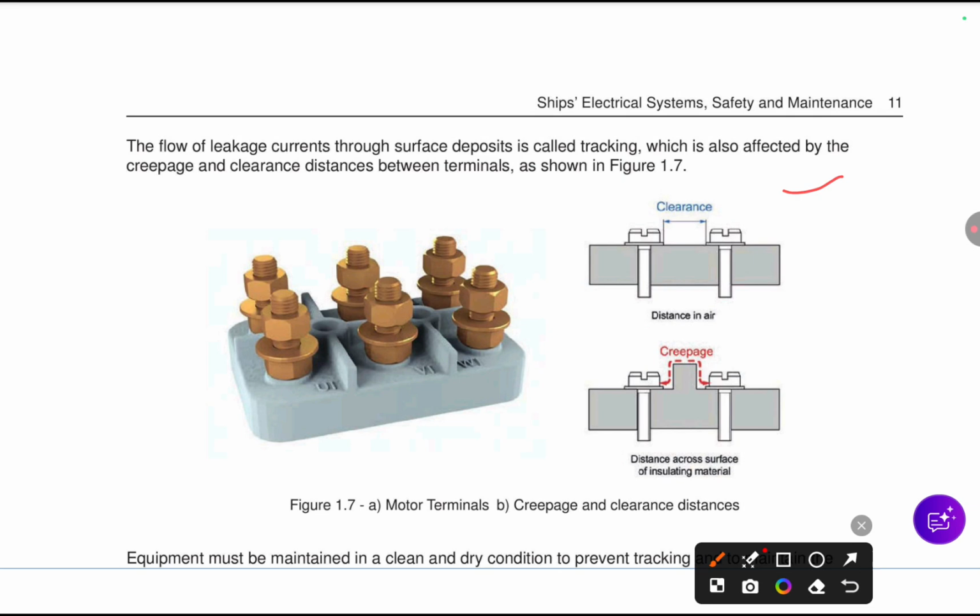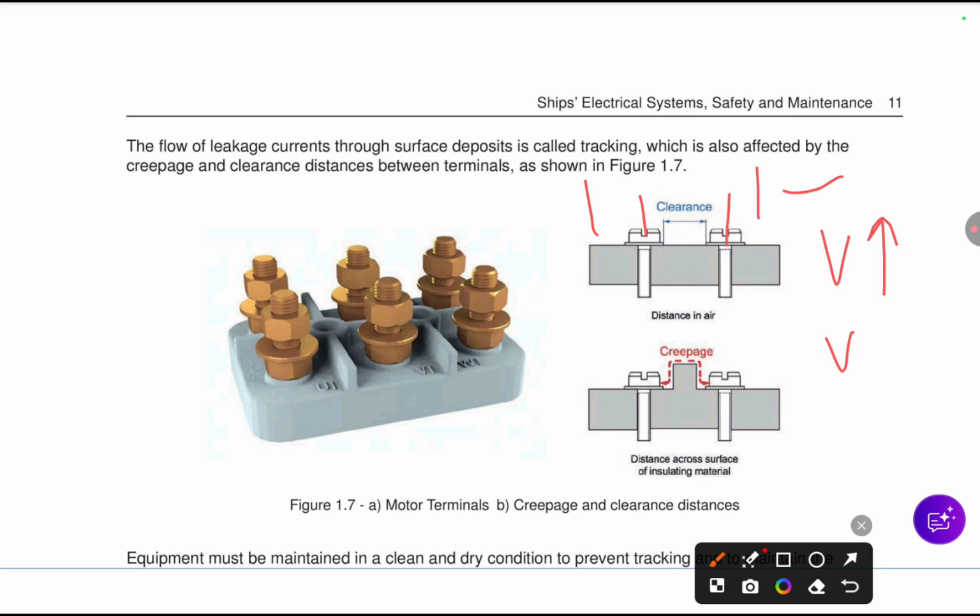Arc flash is very dangerous, so we maintain a clearance between the two conductors so that there is no flow of current. The arc flash also depends upon the voltage. If the voltage is more, we need to increase the clearance. If the voltage is less, we can reduce the clearance a little bit.